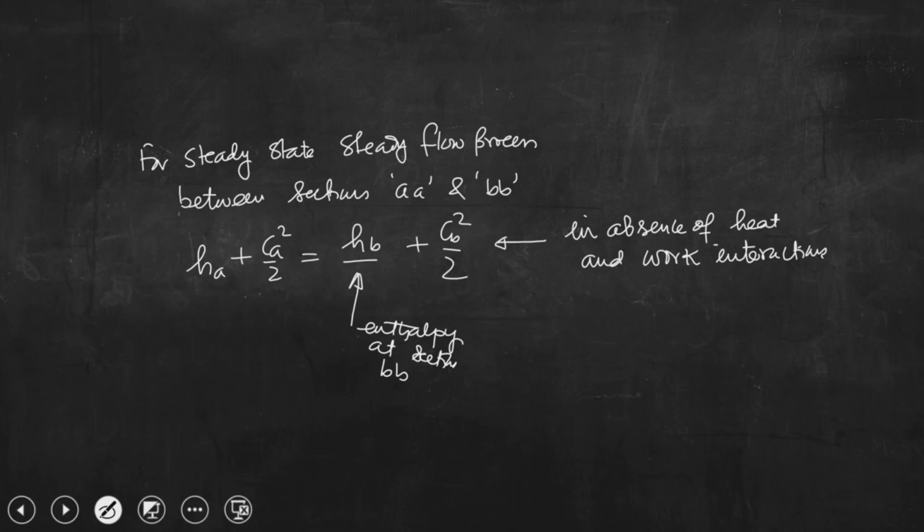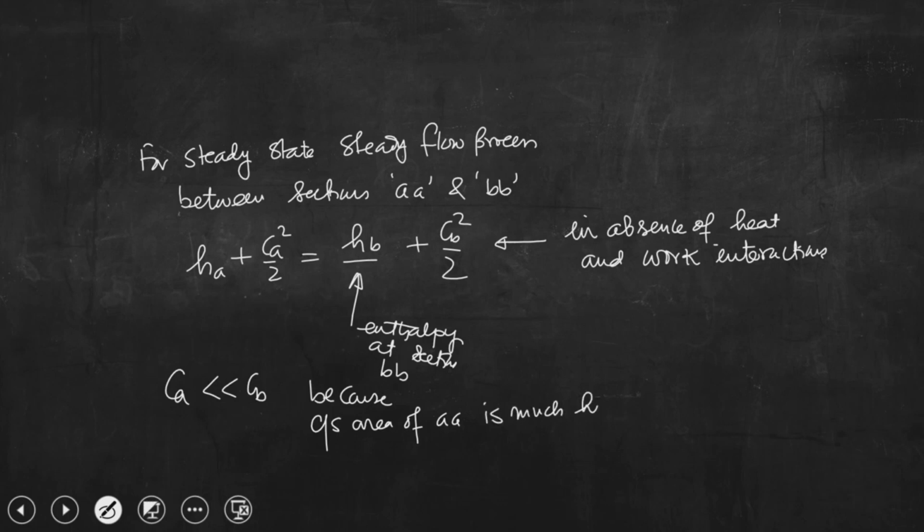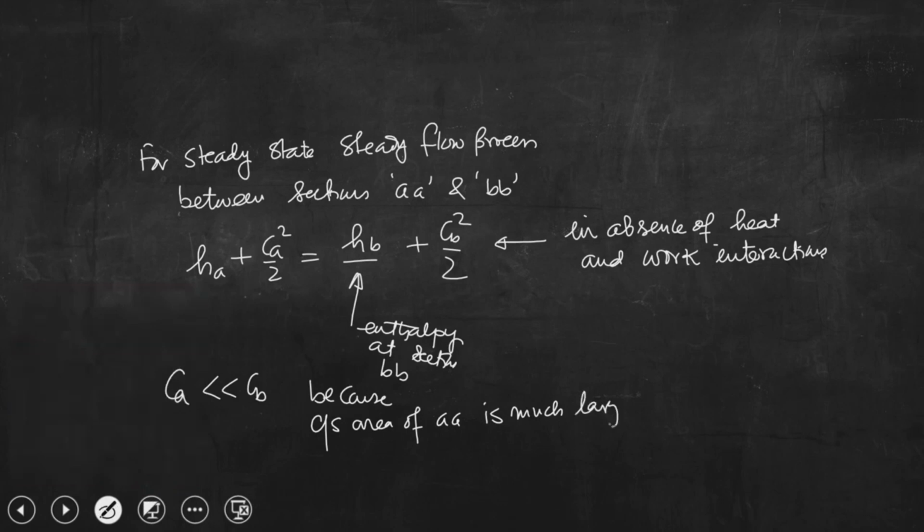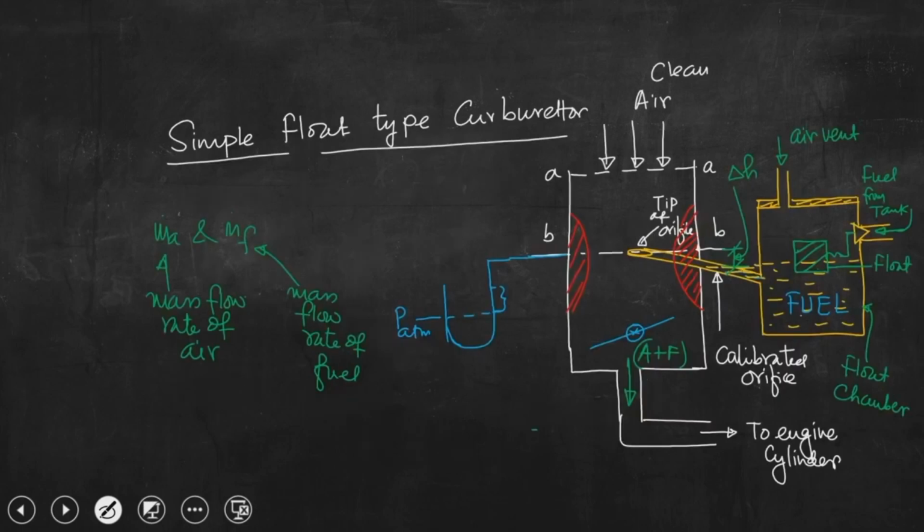So, now C A is much less than C B, because the cross sectional area of A is much larger than that of B B.